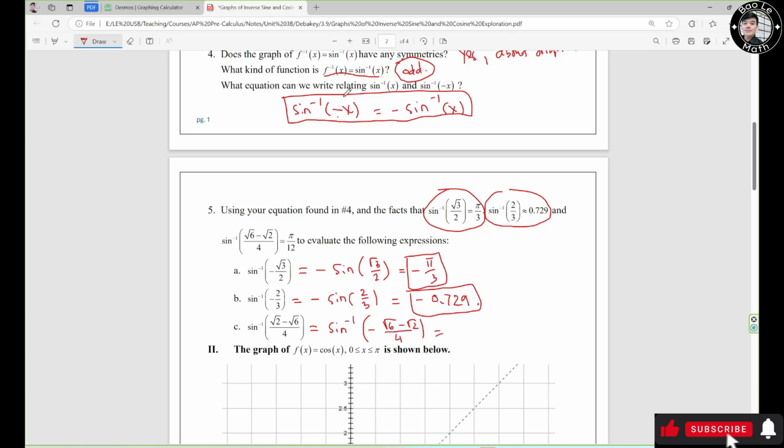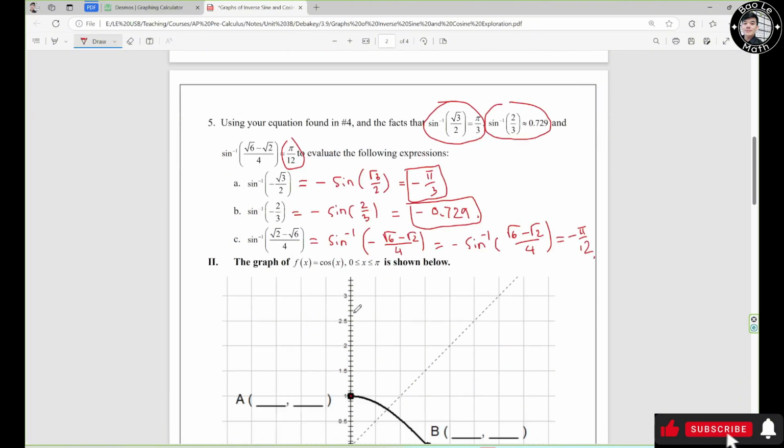So then I apply the formula right here. So it turns out to be negative sine inverse of root 6 minus root 2 over 4. Alright, but this guy equals pi over 12. So this equals negative pi over 12, right?